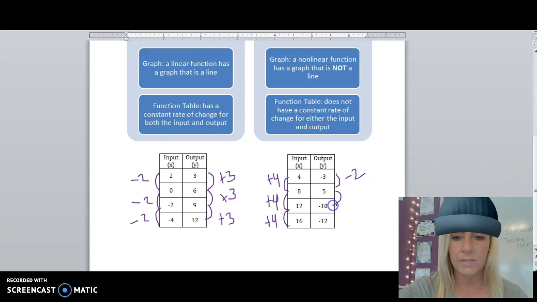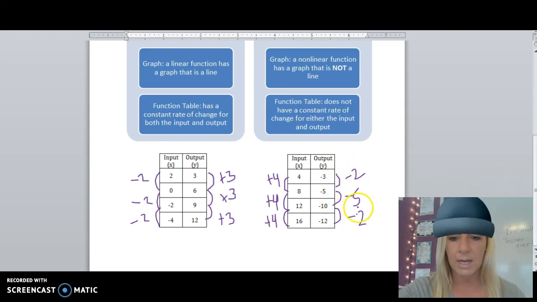From -5 to -10, I subtract 5. From -10 to -12, I subtract 2. This is not constant, even though there might be a pattern. The rate that it changes is not the same. It goes from -2 to -5, back down to -2. Even though our x values have a constant rate, the y values do not, so therefore this is a nonlinear function.